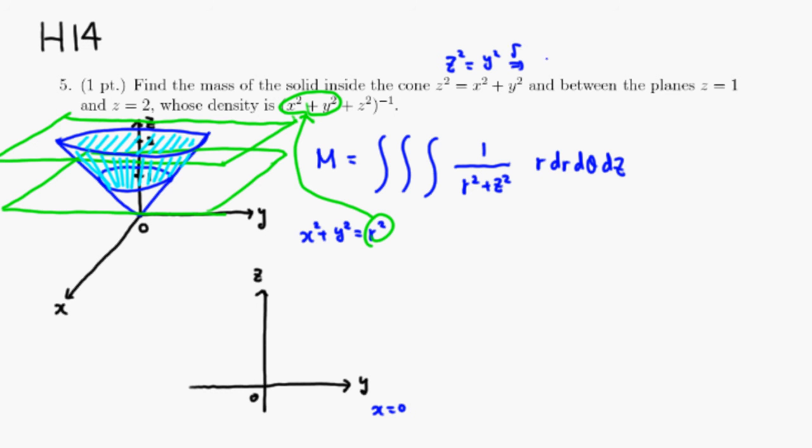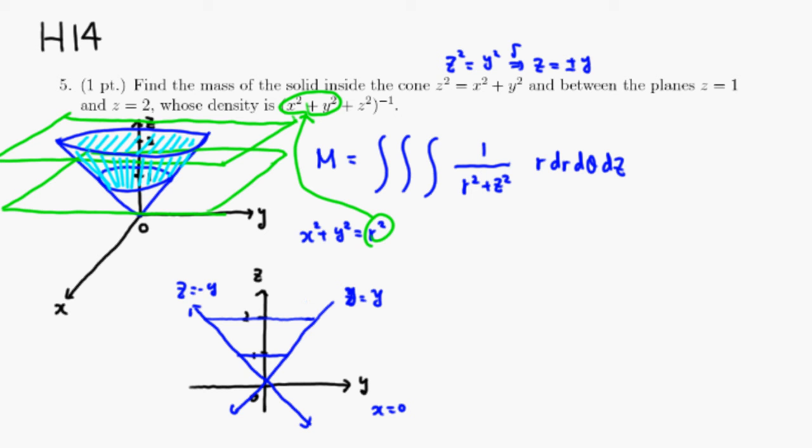Taking the square root, we get z equals plus or minus y. So the cone is going to be a 45-degree line, z equals y, and z equals negative y. Then you're going from z equals 1 to z equals 2, so we have this region.